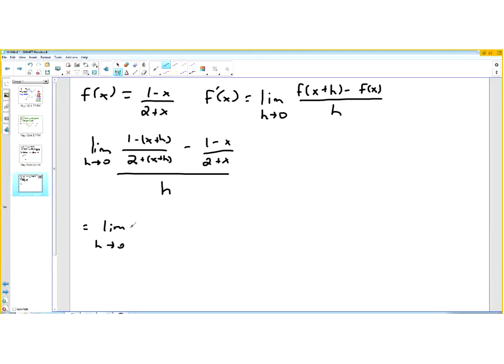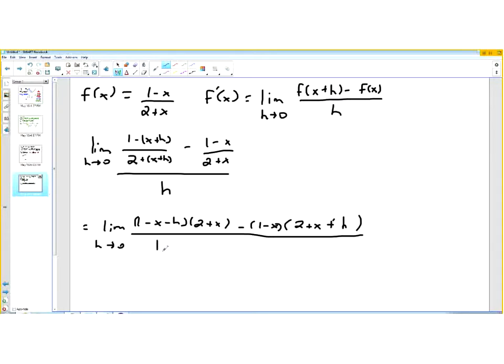The limit as h approaches 0 of (1 minus x minus h) times (2 plus x), minus (1 minus x) times (2 plus x plus h), all of that divided by h times the common denominator, which is (2 plus x plus h) times (2 plus x).